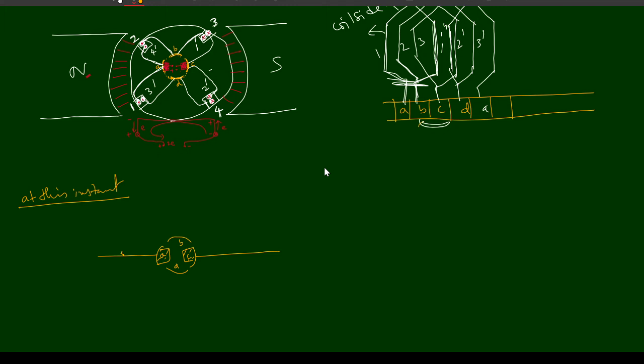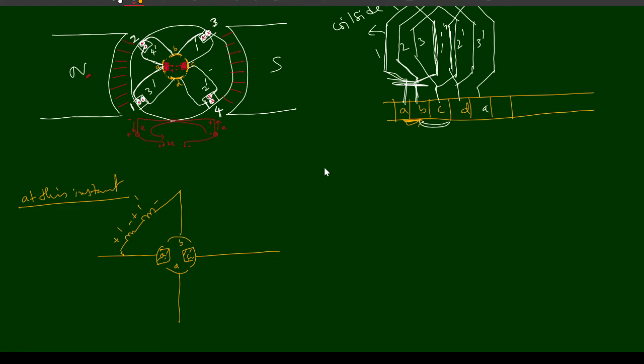Between A and B segments, what is connected? Between A and B, look at here, loop 1 and 1 dash is there. This is coil side 1, and this is coil side 1 dash. And EMFs are from B it will be minus plus, and from here it will be minus plus like this.